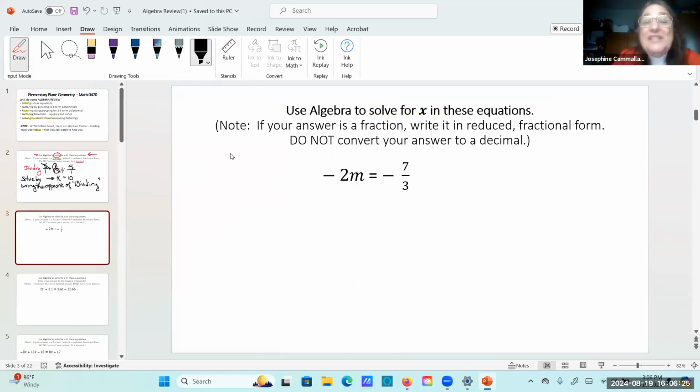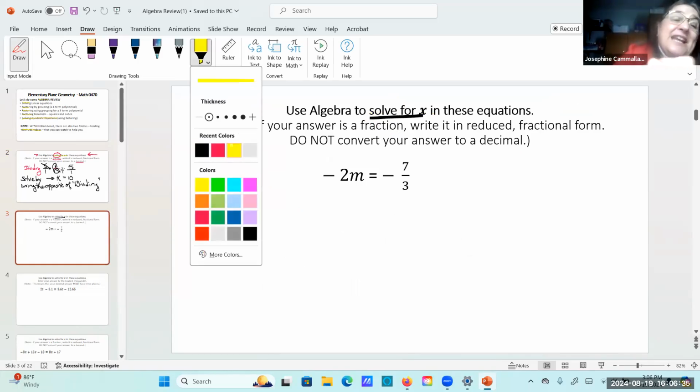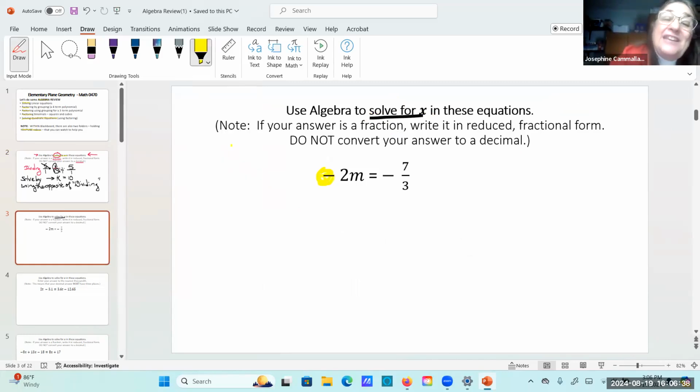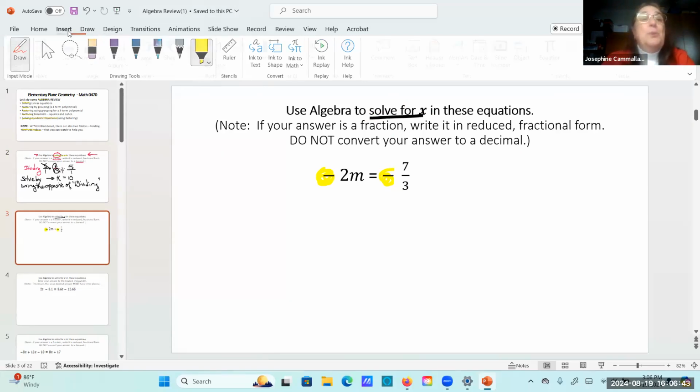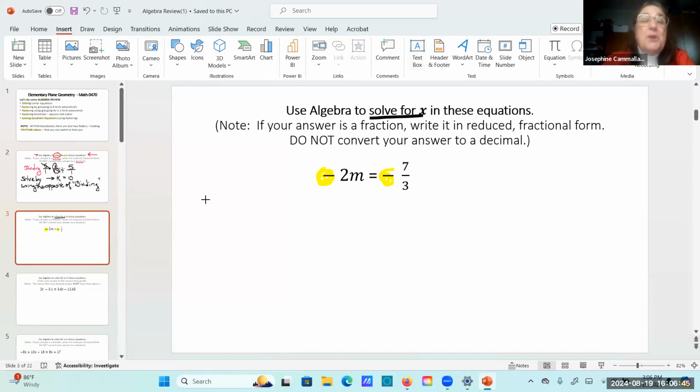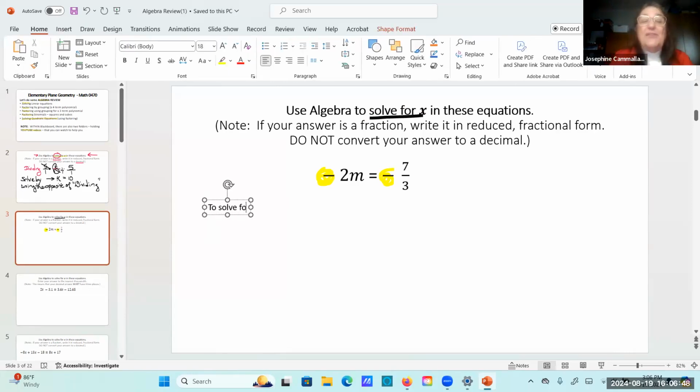Now, this one is, again, asking you to solve. Now, you also have to recognize I have a negative and a negative. So, to solve for m, I am dividing by -2 on both sides.